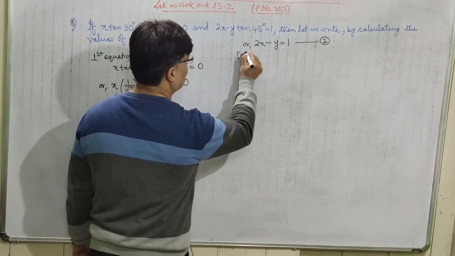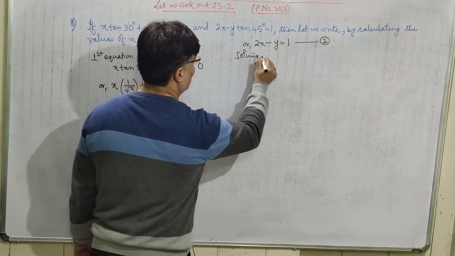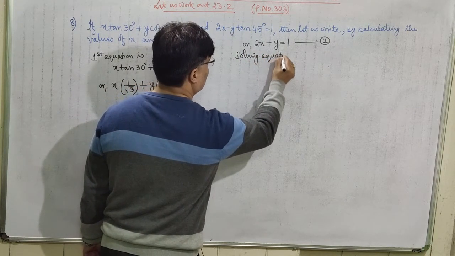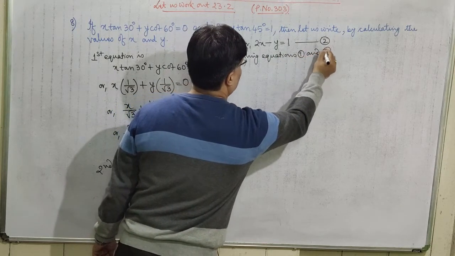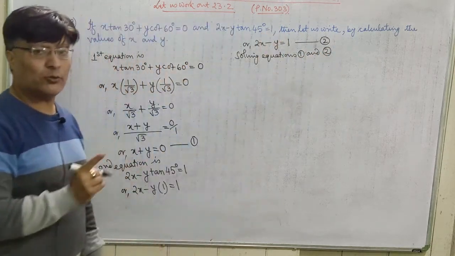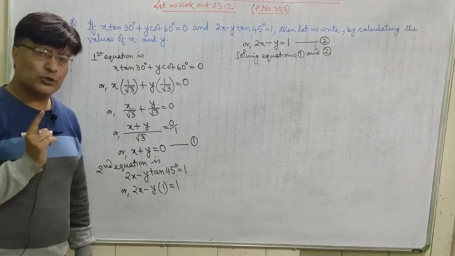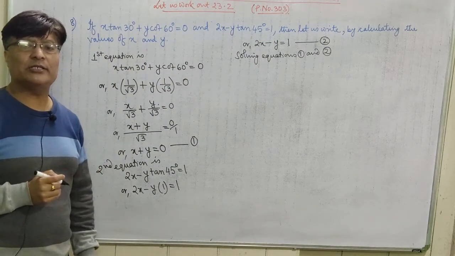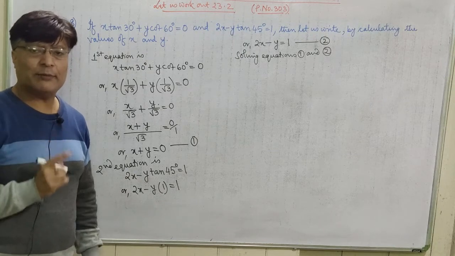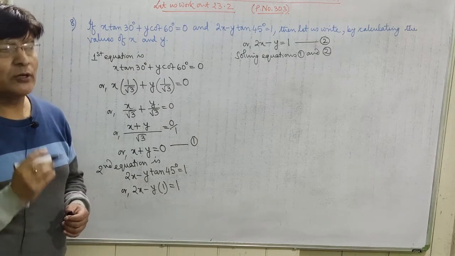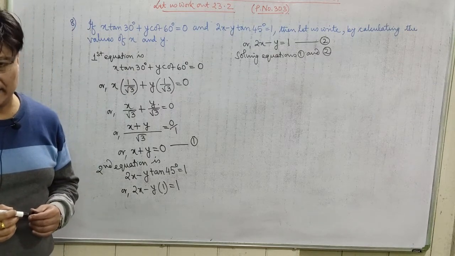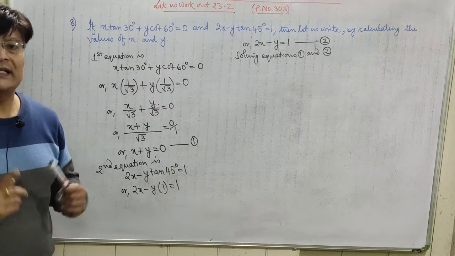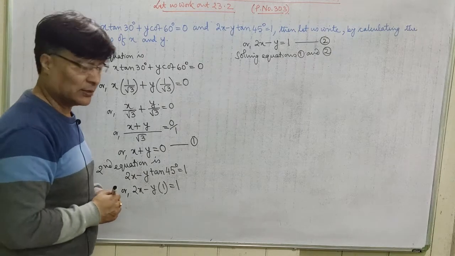So let us write here: solving equations 1 and 2. So you know how to solve this simultaneous equation. You have done this solution of simultaneous equations in class 9. You know how to solve this simultaneous equation, right?